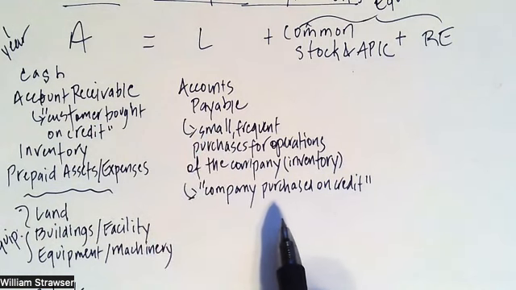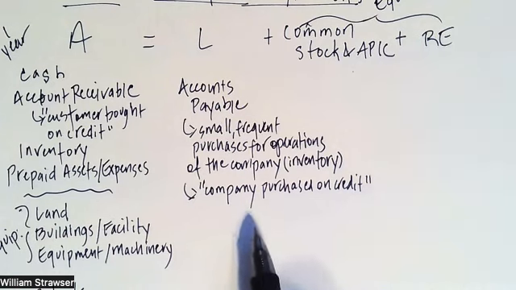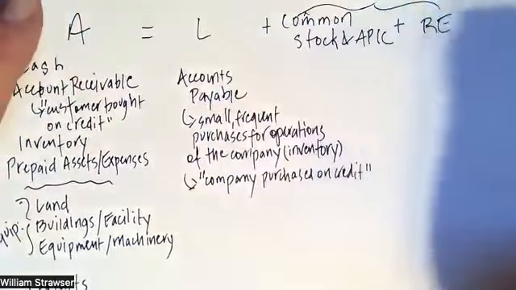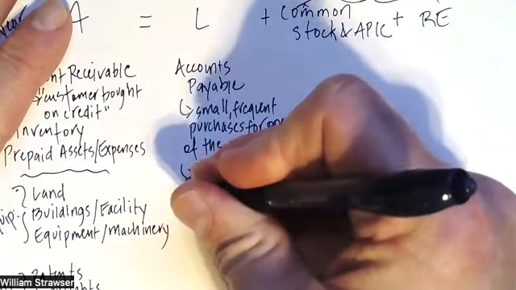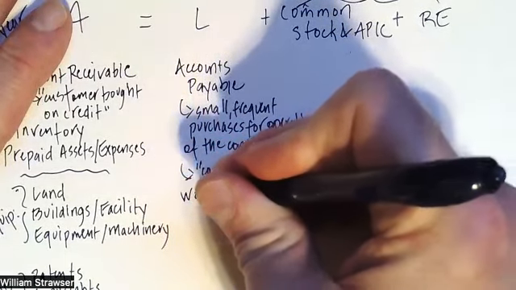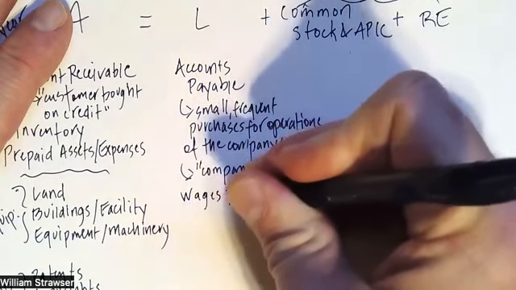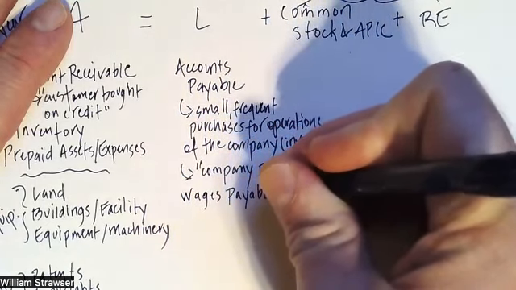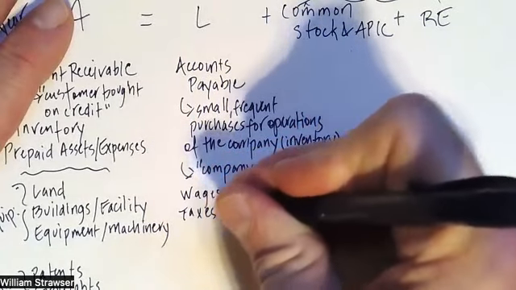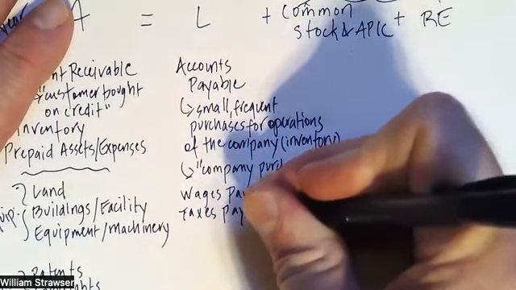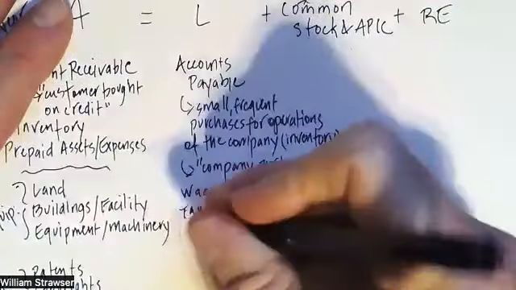Liability accounts are very highly flagged by the word payable, because payable clearly means an amount we're going to have to pay. So there's a lot of different accounts that we can evoke here. We have to pay our employees, that's wages payable. We have to pay taxes. We have to pay interest.